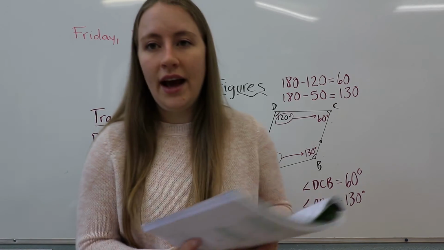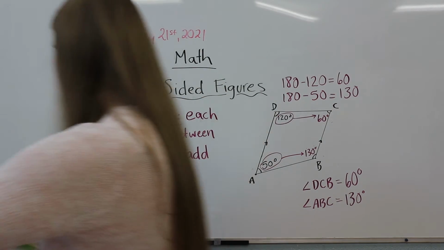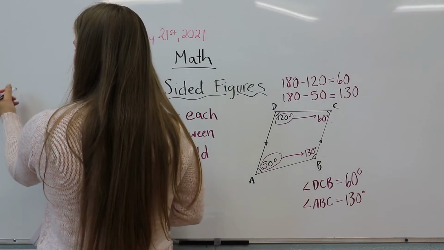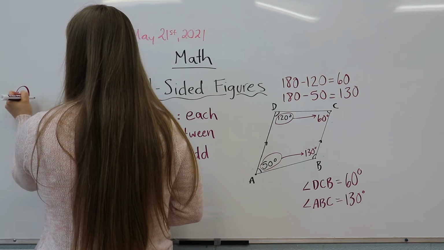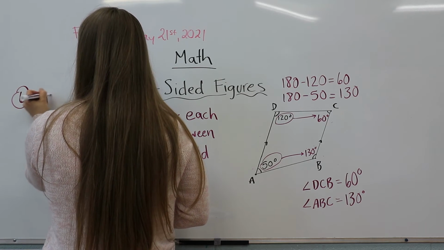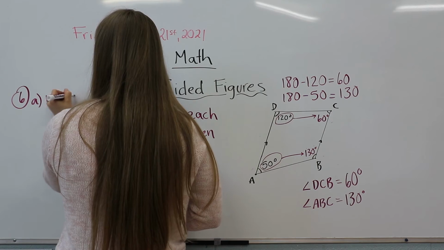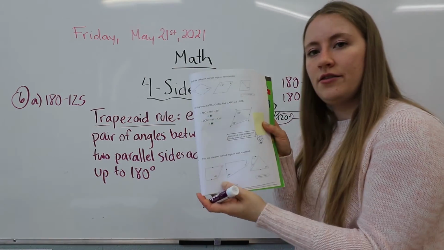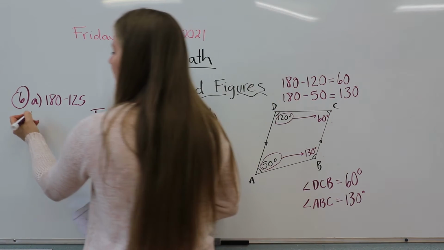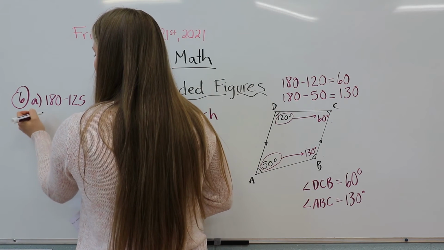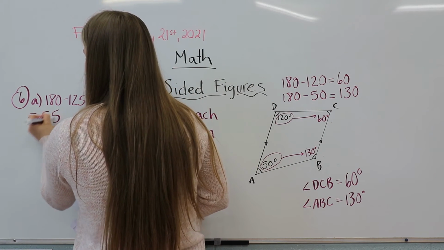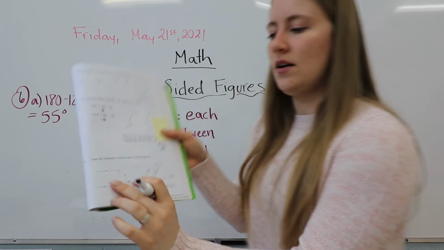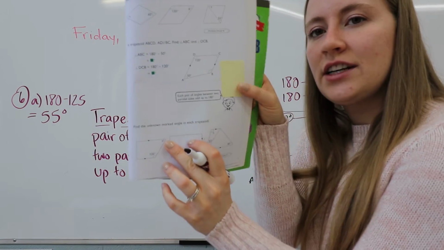In order to do that, we are going to do 180 minus 125, to find the missing angle, which equals 55 degrees. Okay, so A is 55 degrees.